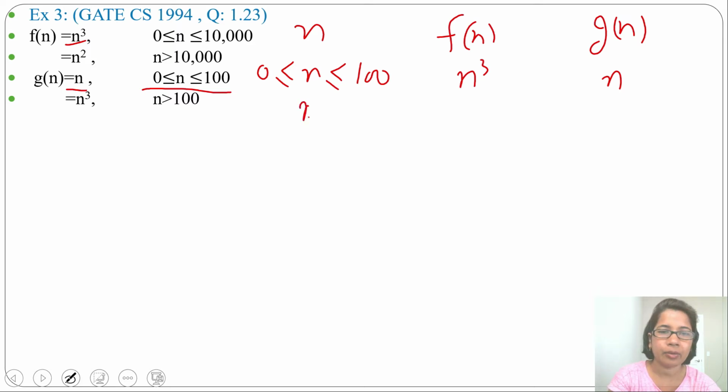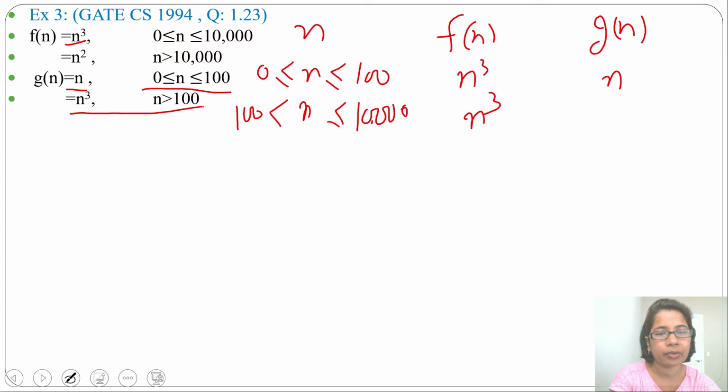When n is greater than 100 and less than or equal to 10,000, f(n) will be n^3 and g(n) will also be n^3, since for n greater than 100, g(n) is also n^3.